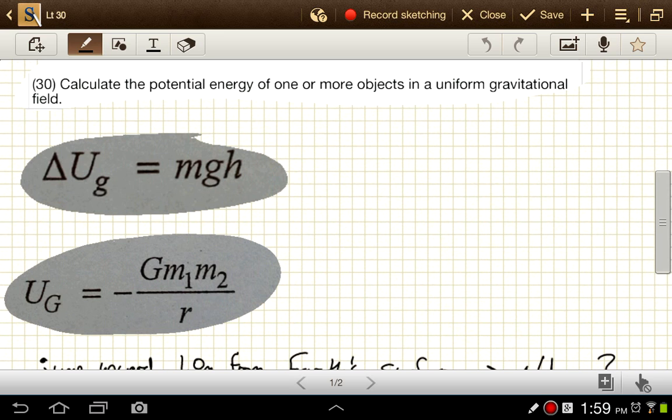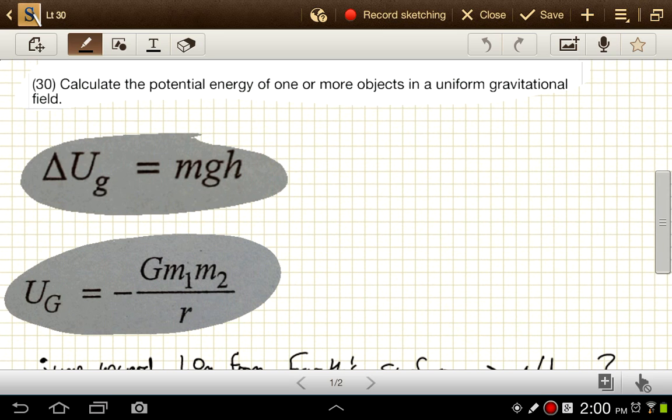That's not really a correct way to express this. The energy happens because of the position of at least two objects, the position of objects within a system, and those objects are exerting this force of gravity. So between any pair of objects, this equation gets us the gravitational potential energy for that system, for the system that just has one pair.